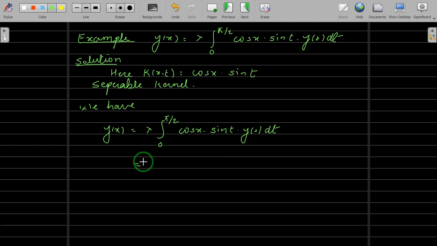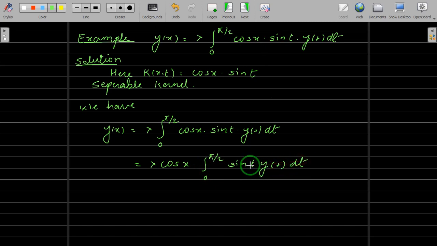In the next step we take the x coefficients outside. Fortunately we have only one term here, so we have only one integral. So this is lambda cos x, we take that outside, and then we have integral from 0 to pi by 2 of sin t y(t) dt.